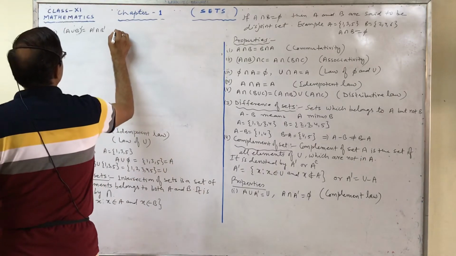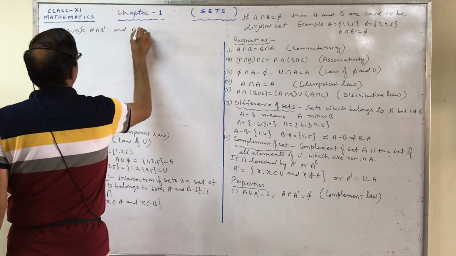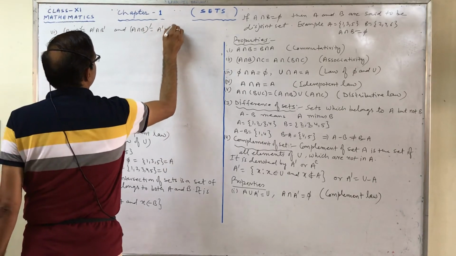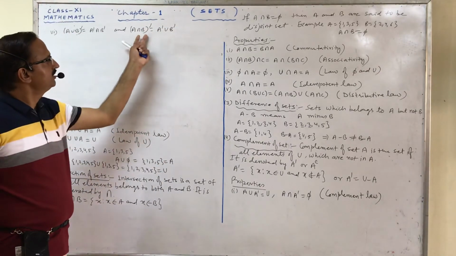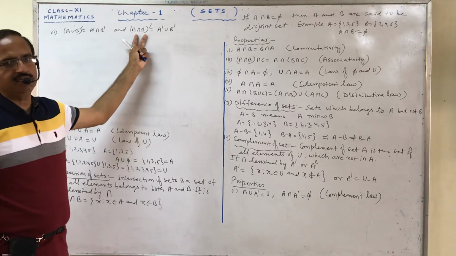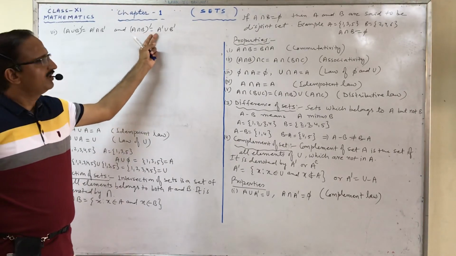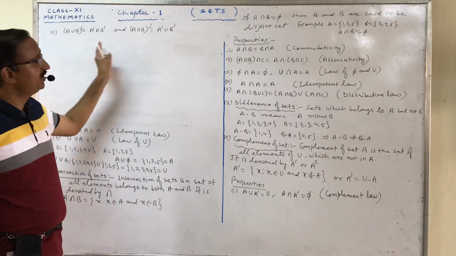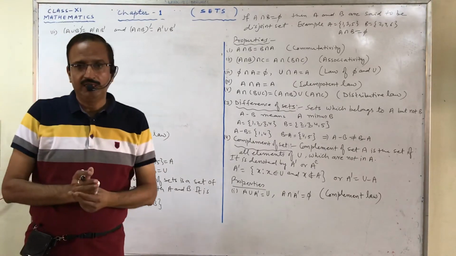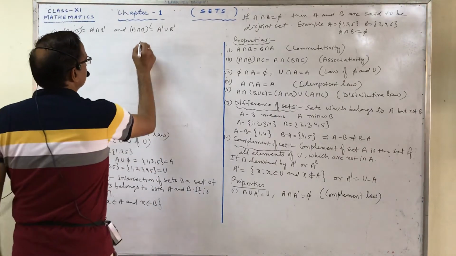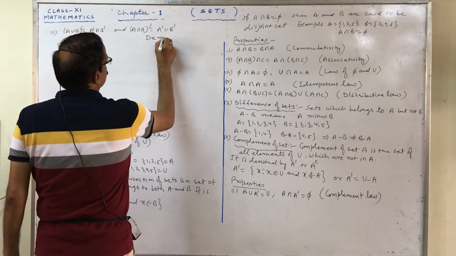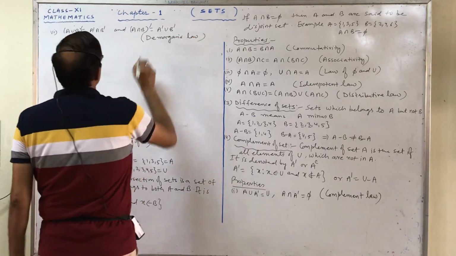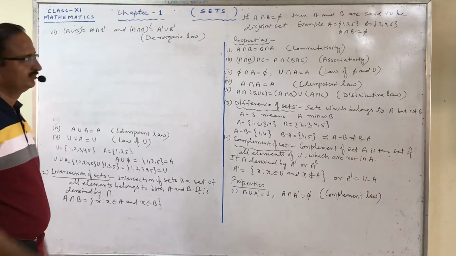And A intersection B dash equals A dash union B dash. This is complement of intersection of two sets. This equals union of A dash and B dash. These two combined form De Morgan's law. This is the second property.